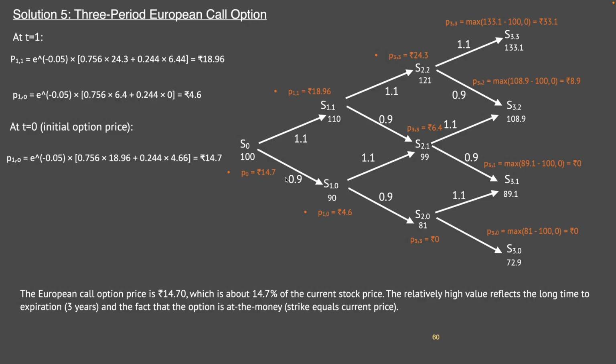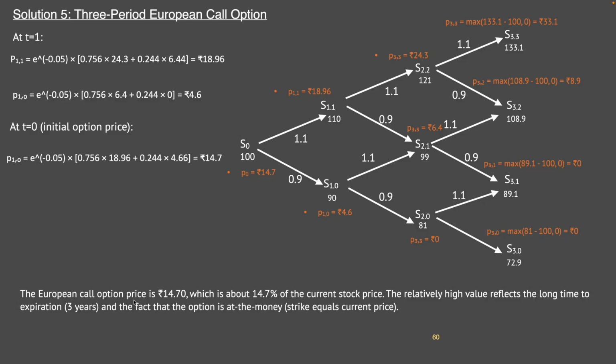And for P10, it is e to the power of minus 0.05 into 0.756 into 6.4 plus 0.244 into 0, approximately 4 rupees 60 paisa. At t equal to 0, that is the initial option price, we use the same formula with the values 18.96 and 4.6 to get the option value at the start as 14 rupees 70 paisa.